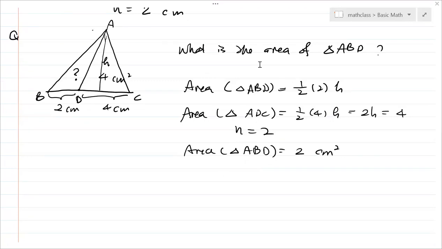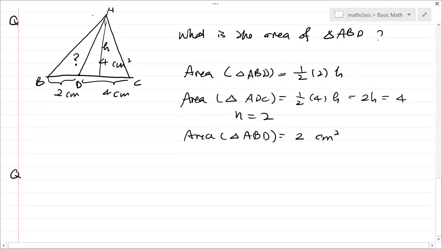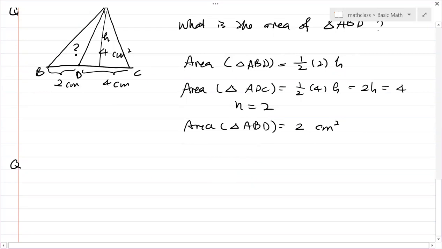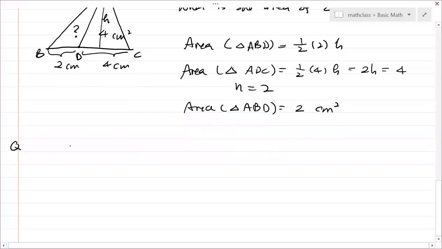Okay, so I'm going to ask you to do a similar problem. So this is a right triangle.